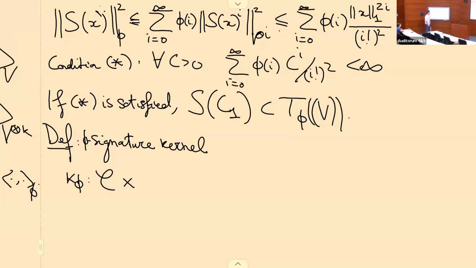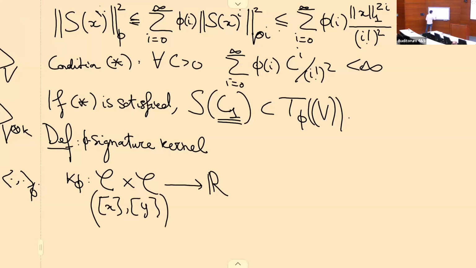Things can be extended to higher p with the same sort of techniques, but let me focus entirely on bounded variation paths. So C1 denotes unparameterized paths of bounded variation; I will just write C like this. The signature kernel is a function that takes in two unparameterized paths and outputs a number. It takes one equivalence class and another equivalence class and produces the inner product.